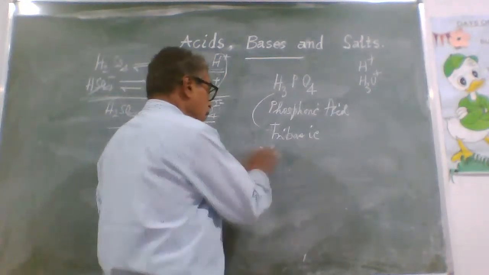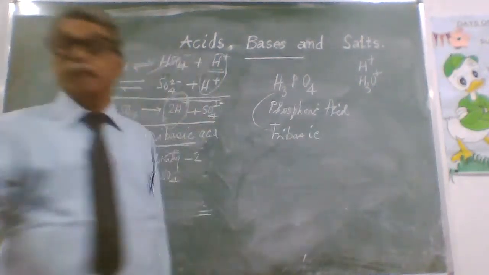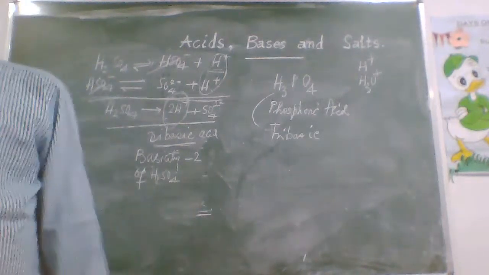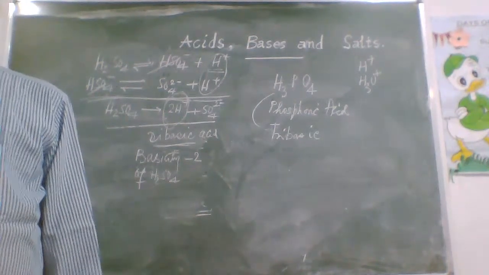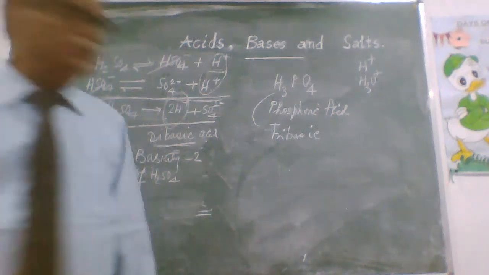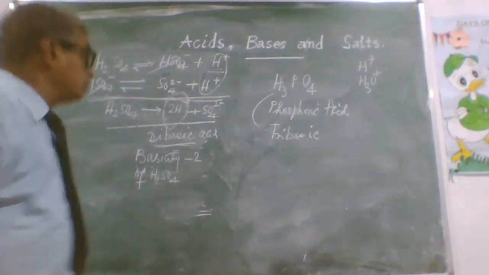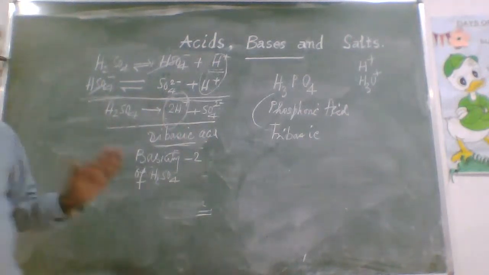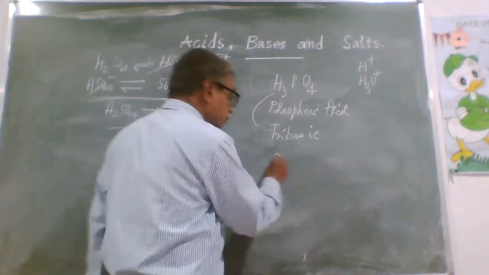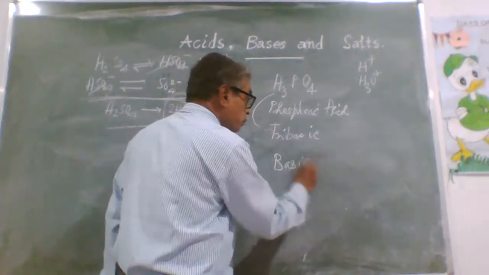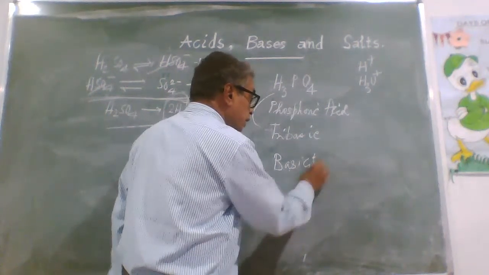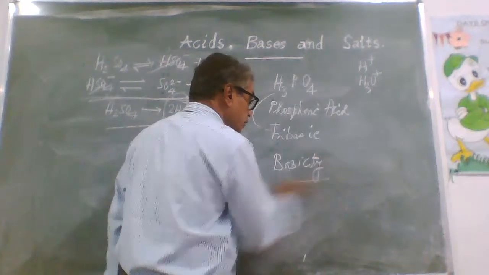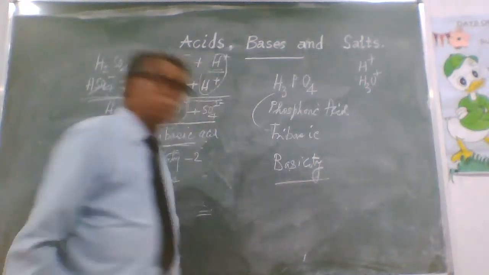Another acid, called silicic acid, can give 4 hydrogen ions when dissolved in solution. Its basicity is 4. So acids are divided into classes based on their basicity.